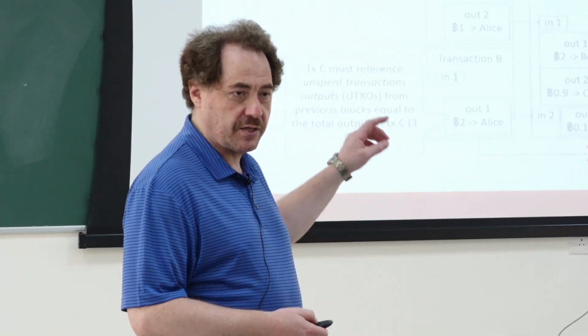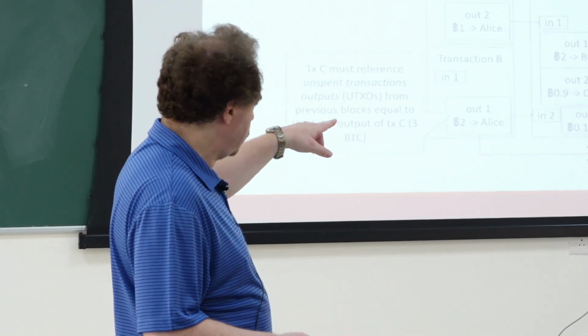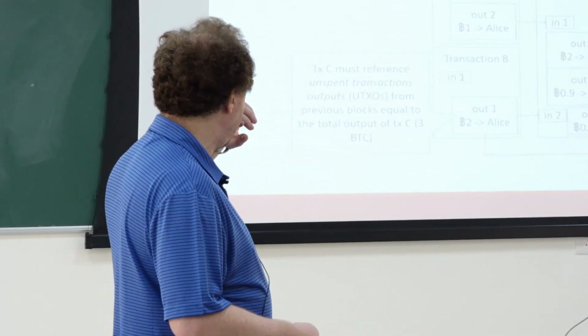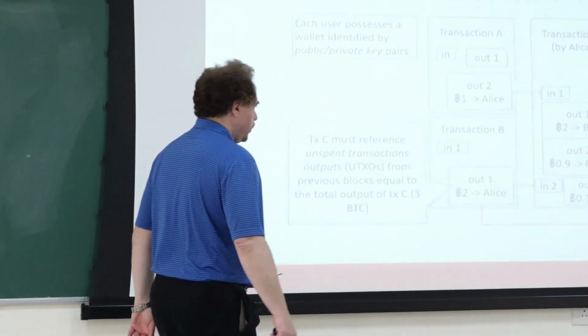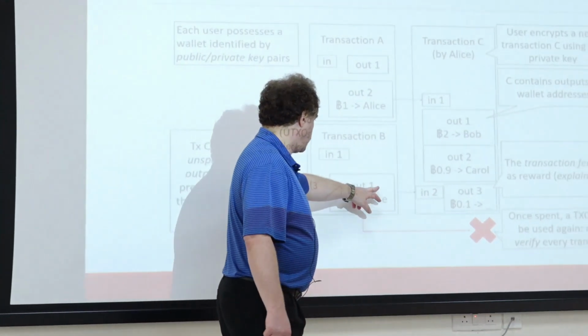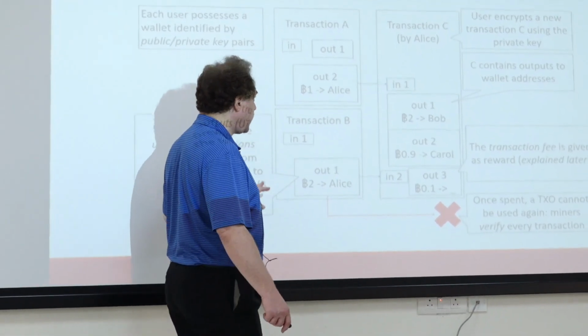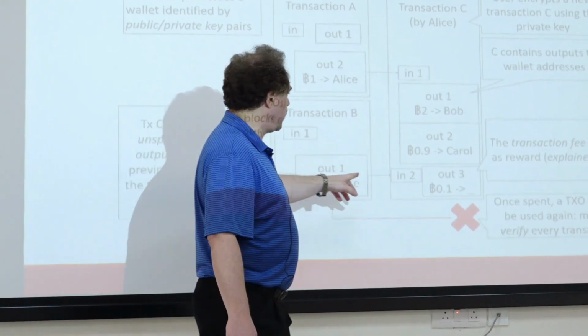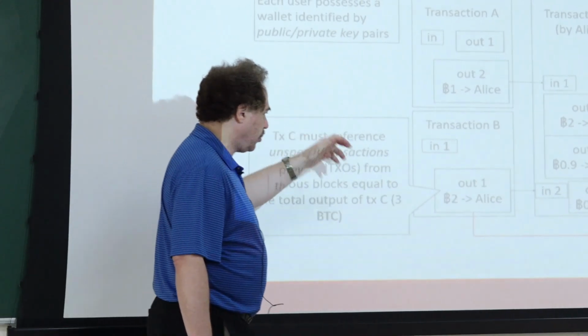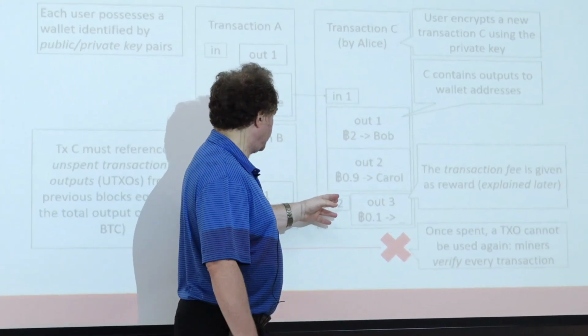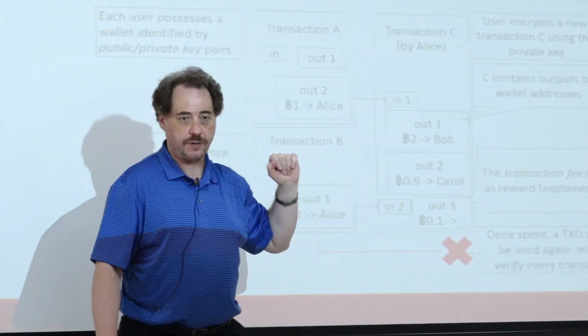The reference on unspent transaction part, which one? Yeah, so this, and therefore it can be used, therefore it's unspent, it's called UTXO, and therefore it can be used as an input to transaction C, okay?